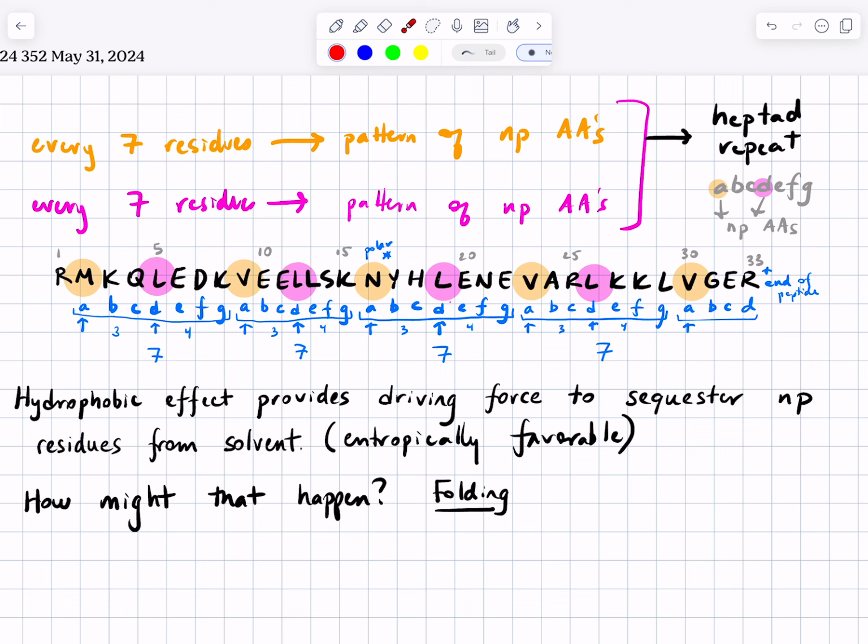And then slightly offset from the orange nonpolar residues, you have another repeating pattern of nonpolar amino acids. Amino acids, sometimes people will use the term residue. That's the section of the amino acid that's in the peptide. It's no longer an amino acid, it's in an amide bond. Don't be distracted by that phrase residue.